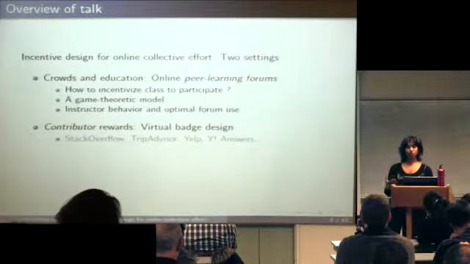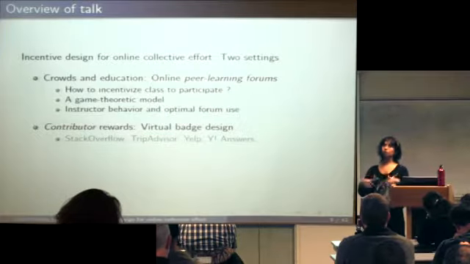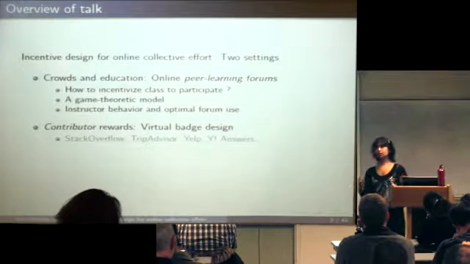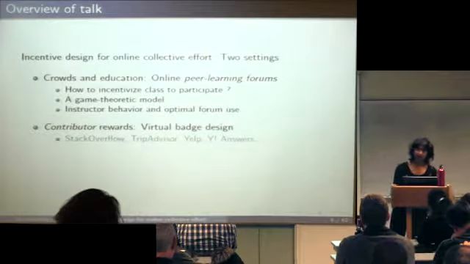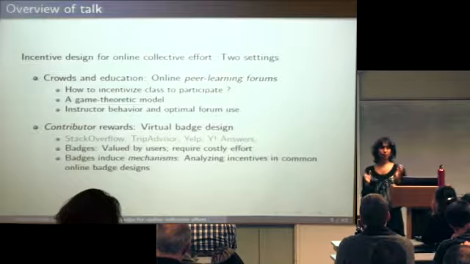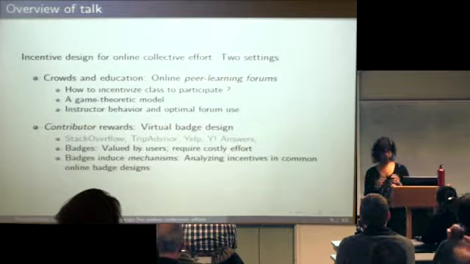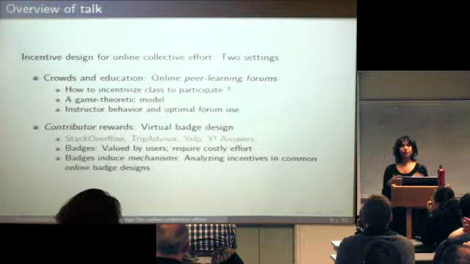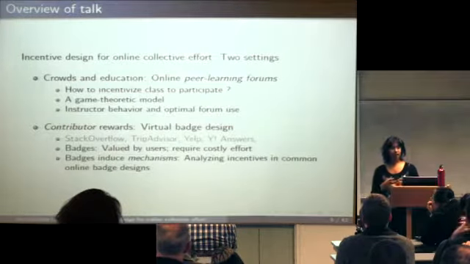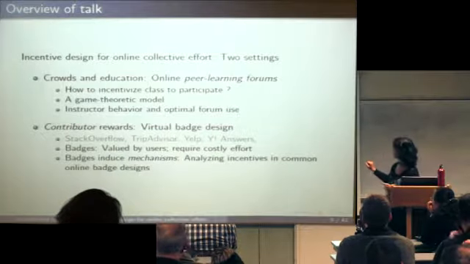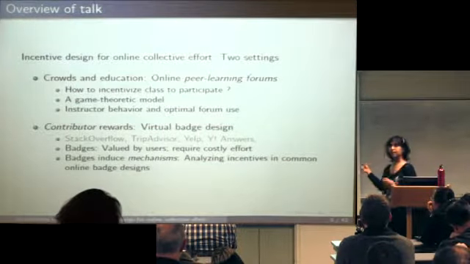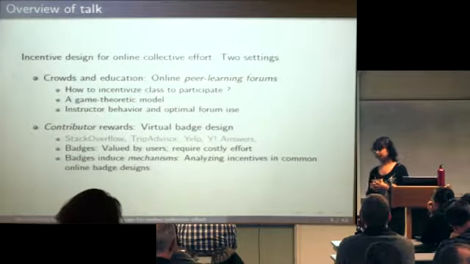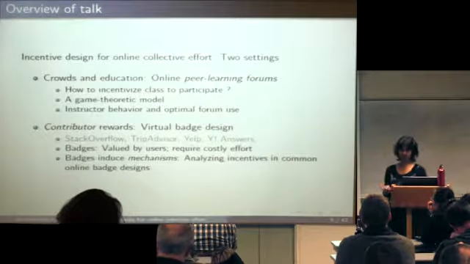And there's been a lot of push on the web to reward contributors for overall identity. One of the things people have been doing is giving out badges or putting out leaderboards and things like that. And these badges really seem to be valued by users. People do try to get them. But on the other hand, they do require effort. I have to do well to earn a badge, which means that again, badges induce mechanisms. And what we're going to do in the second part is talk about what are the incentives created by commonly used badge designs online, and how do they compare against each other. So this is a high-level overview of the talk.